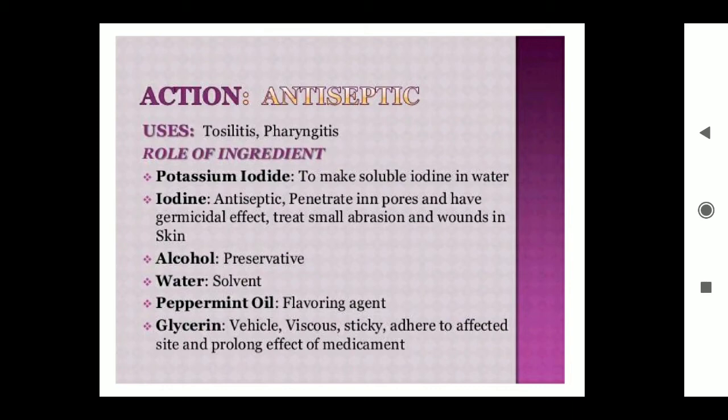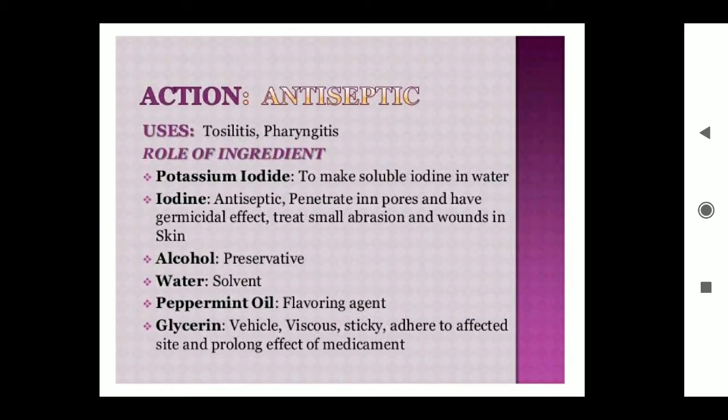Iodine is used as an antiseptic agent. It also enhances the penetration of iodine into inner pores and produces a germicidal effect. It is also used for treatment of small abrasions and wounds in the skin. Alcohol is used as a preservative agent.